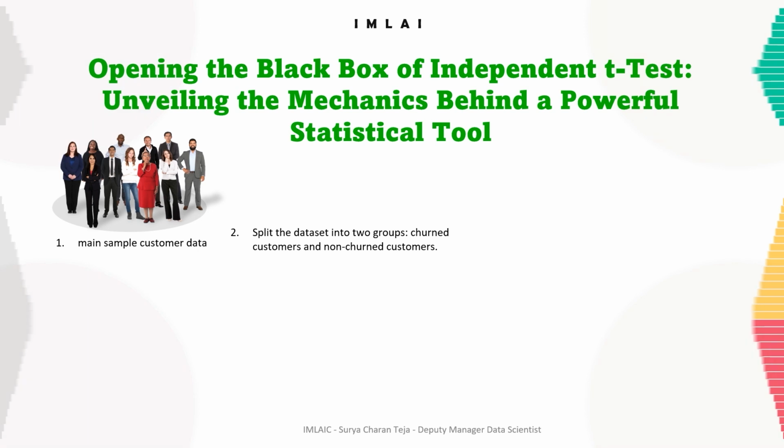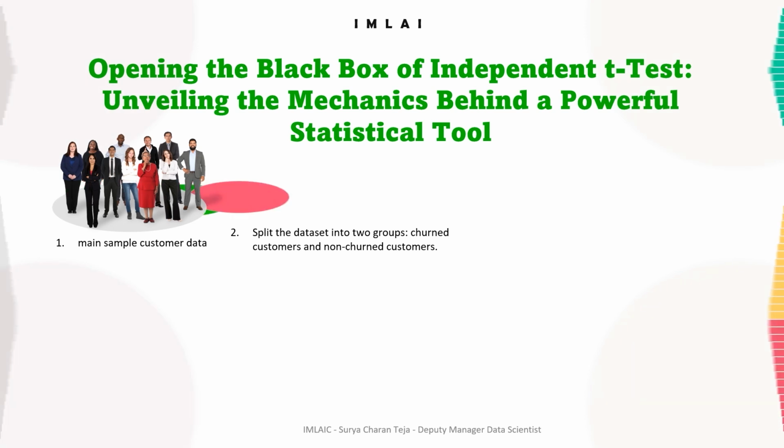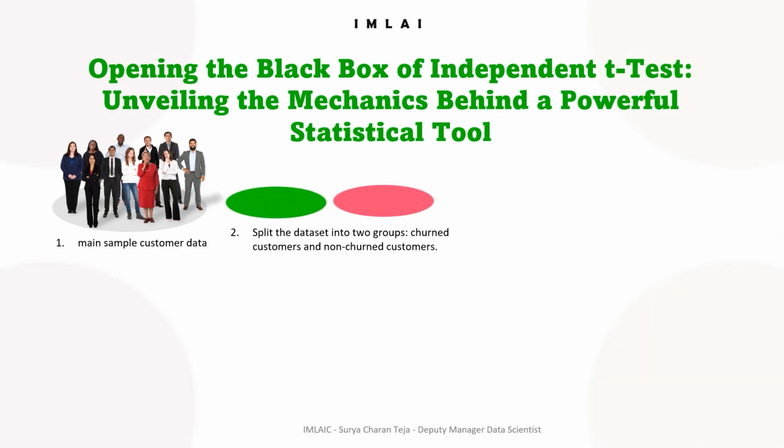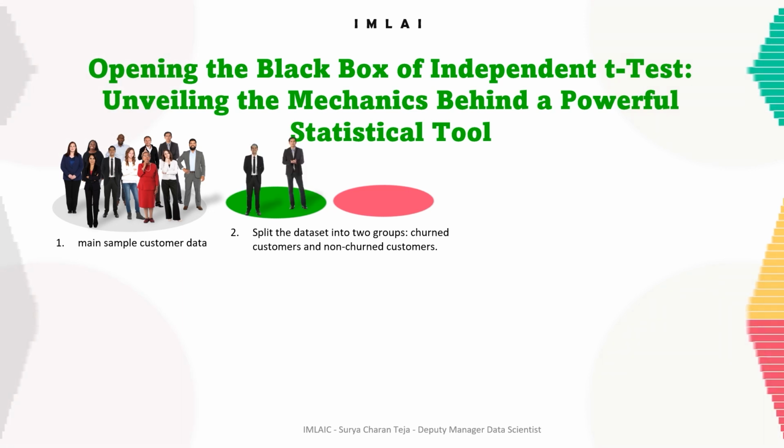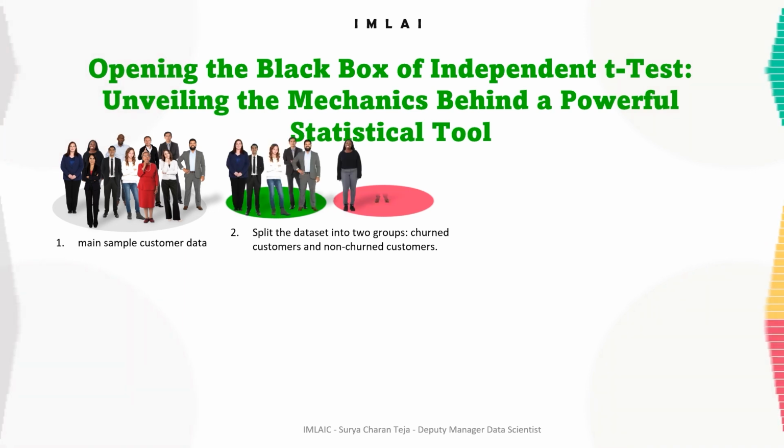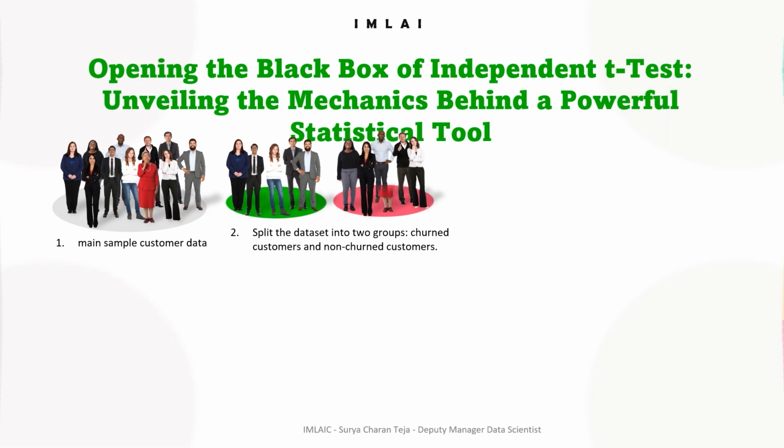To do this independent sample test, we have to split the data set into two groups, churned customers and non-churned customers. So we have made two groups, or two samples. Here are the churned customers, and here are the non-churned customers.